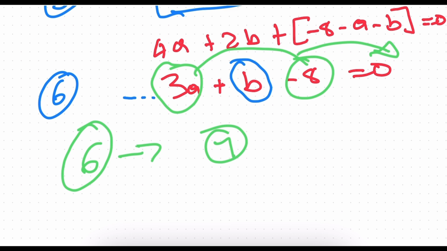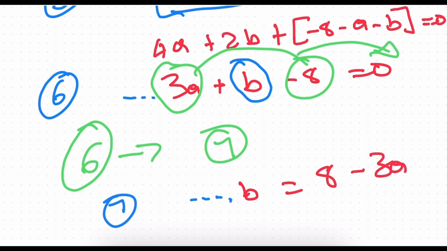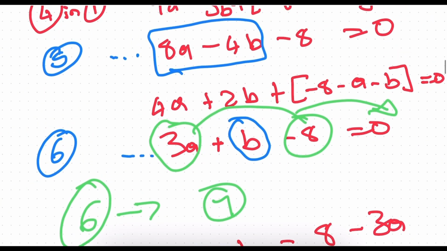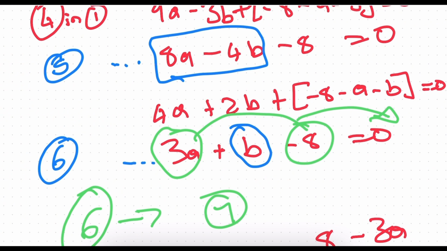That means now you'll have your B being equal to 8 minus 3A. That's your equation 7. To eliminate B now, you'll have to substitute equation 7 in equation 5. Wherever there is B, you literally plug in equation 7.